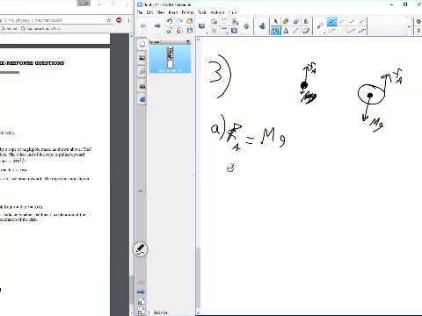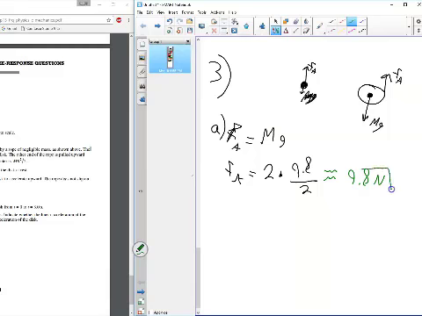Now, all we need to do is plug in our values. So, the m is just 2. Gravity is 9.8. I don't think you should use 10 on the free response, just to be safe. Divide that by 2. And, wow, this actually works pretty nicely because the 2's cancel out, so you actually do get an answer of 9.8 newtons.